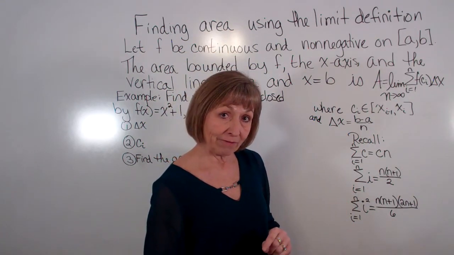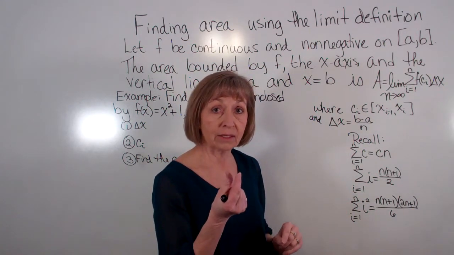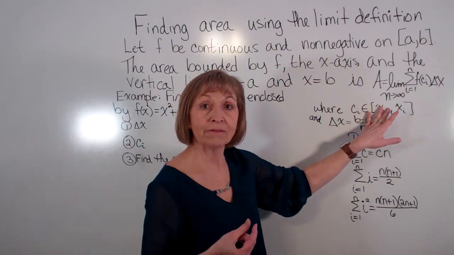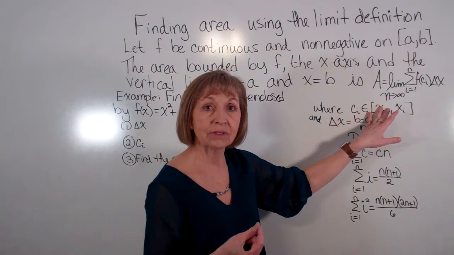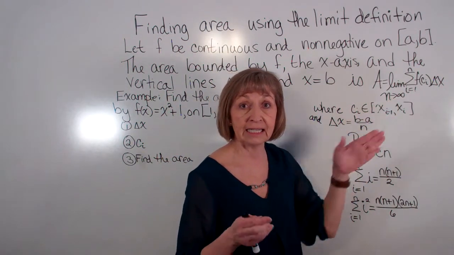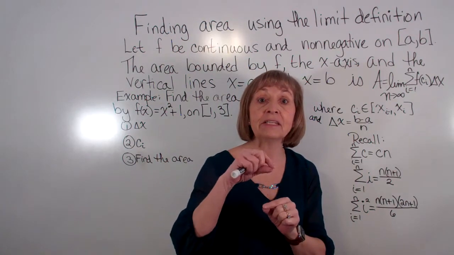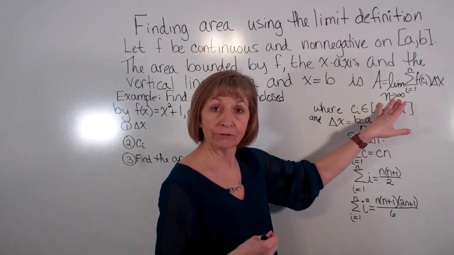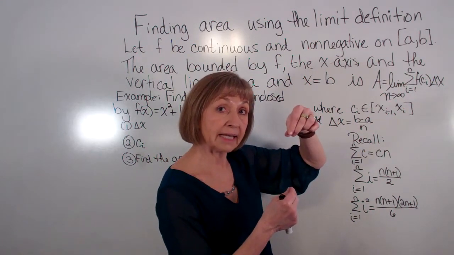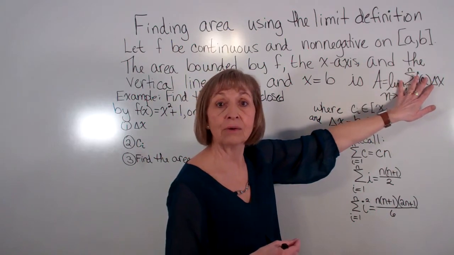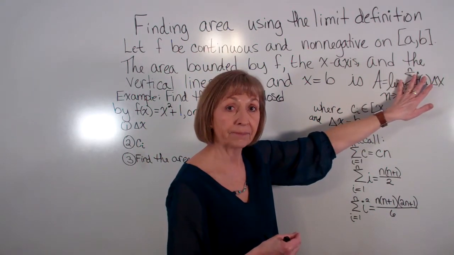This time, however, with our equal widths, we are taking the limit as the number of sub-rectangles or the number of subintervals approaches infinity. So we're packing infinitely many of these very thin little sub-rectangles, and so they conform to the curve, and that's what gives us our actual area.